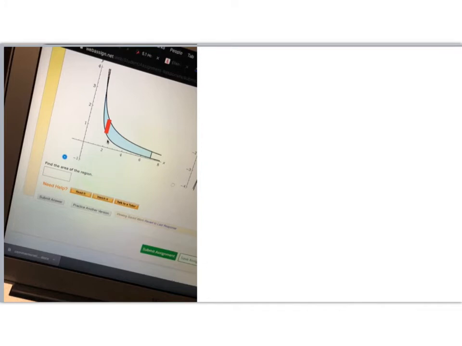So our dA is a rectangle, so its area is its height times its width. Now the width is just dx, because that's just going from here to here, this little piece, and that's how we're going to get something to integrate.